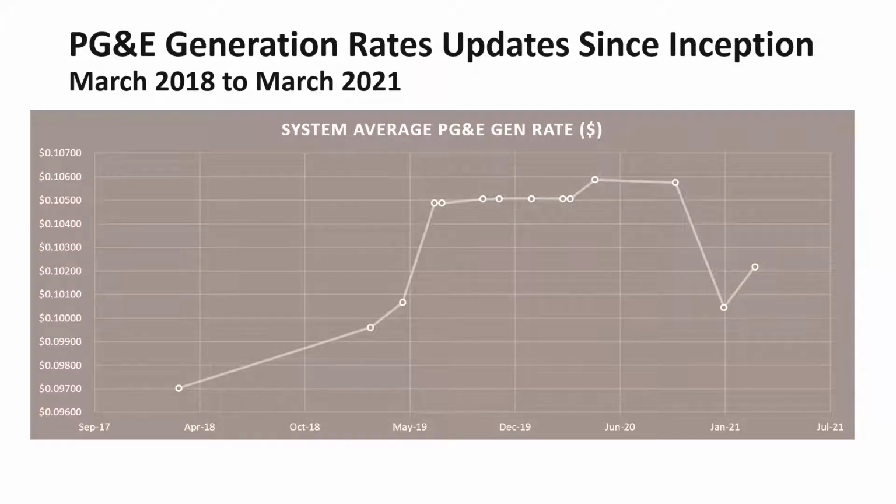And if you take a look at how many times PG&E's generation rates have changed since we deployed services back in March of 2018 all the way to current, you're seeing that there have been several changes, and you can see the trajectory of those changes. But once again, in our previous model, that meant that we were making adjustments every time those changes happened.